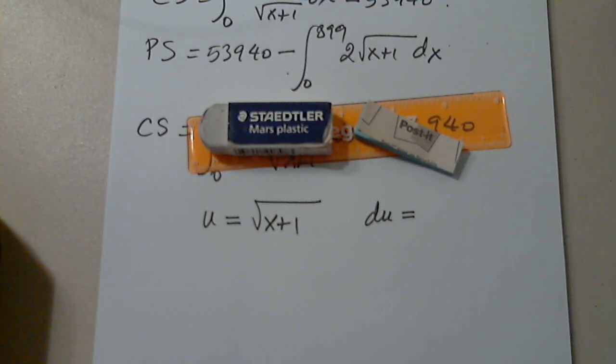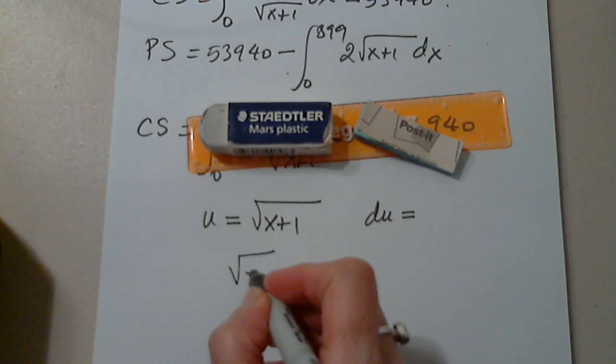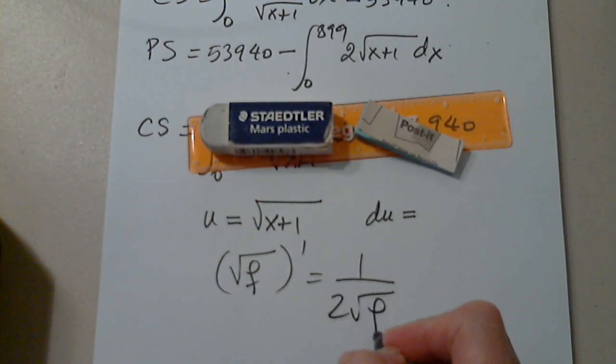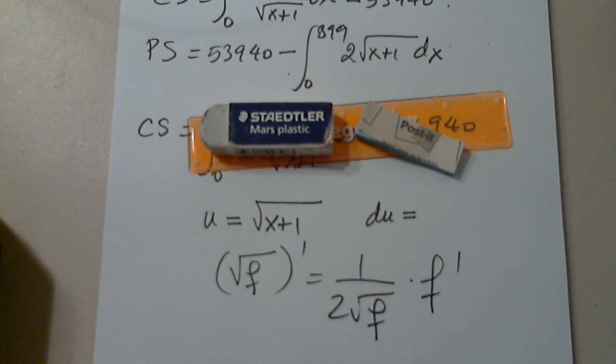Can anyone differentiate this function and give us the du, the differential? The square root of x plus 1. So when we differentiate a function, let's refresh our memory on the derivative. We get 1 over 2 the square root of the function times the function prime.